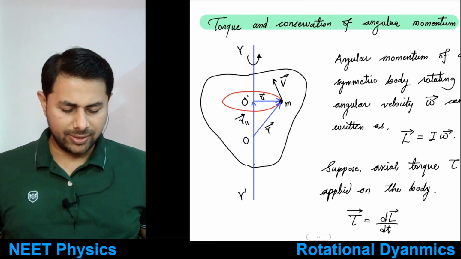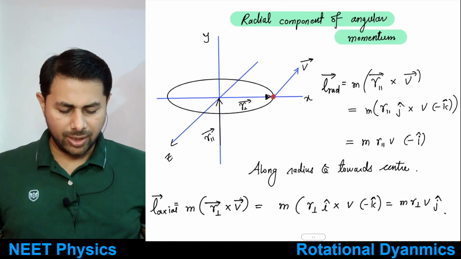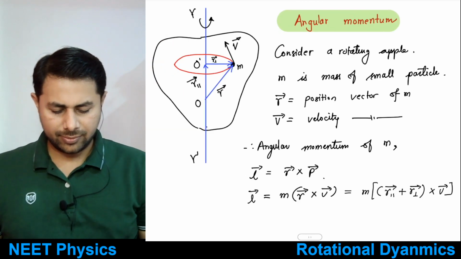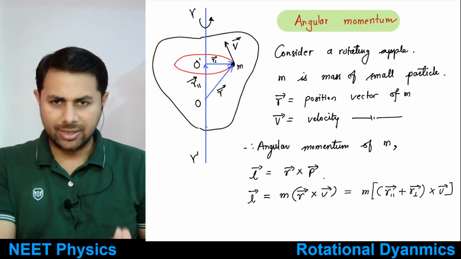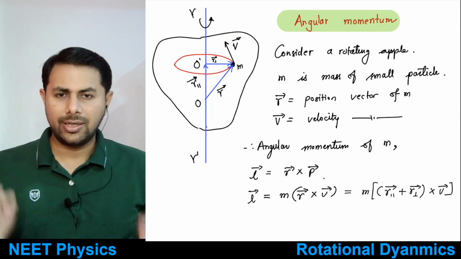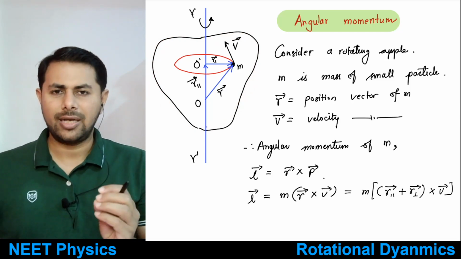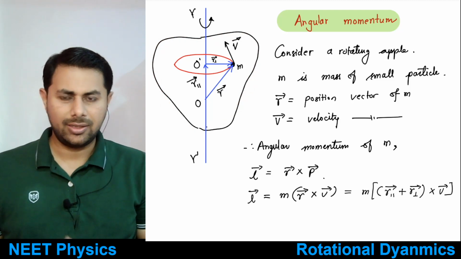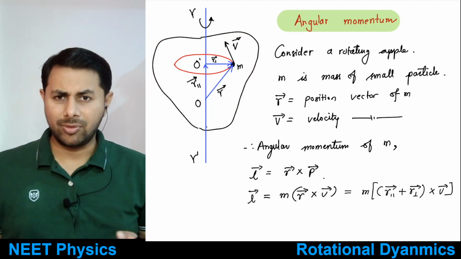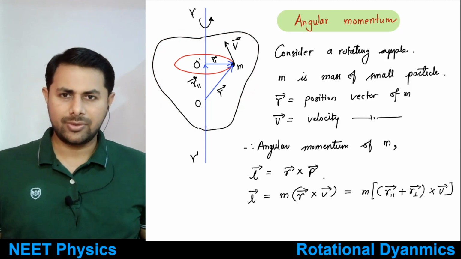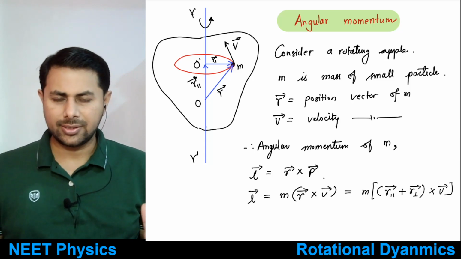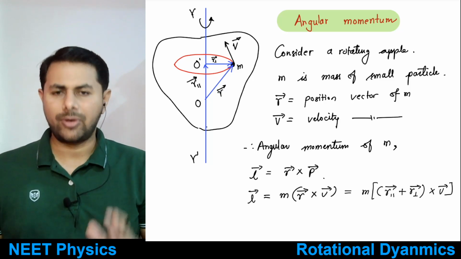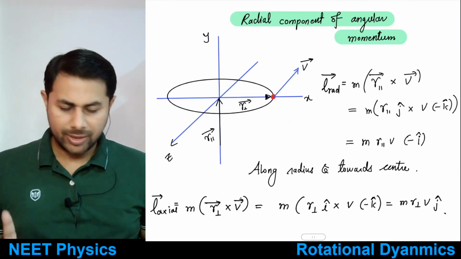If you have a symmetric body, and we are going to study symmetric bodies only, its angular momentum is going to be axial. There is no radial component of angular momentum. If you add up the axial components of angular momentum of all particles, you get the total angular momentum of the body. That is the first point.